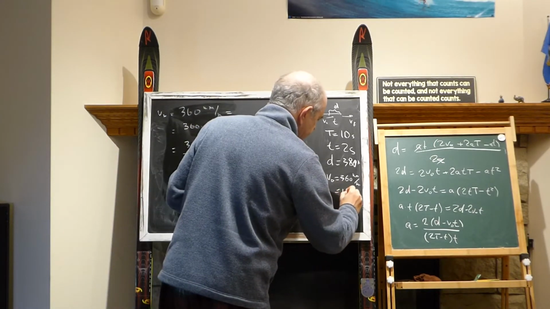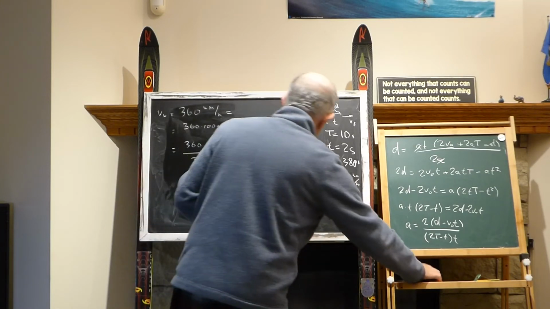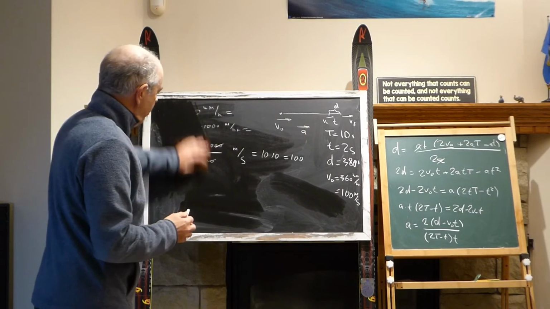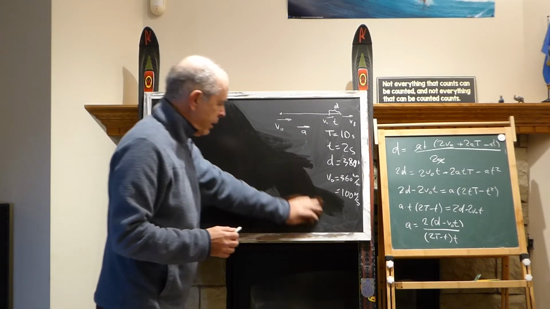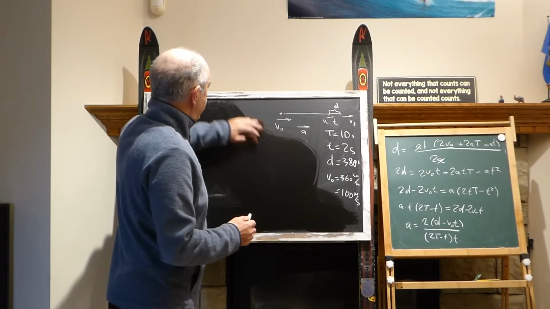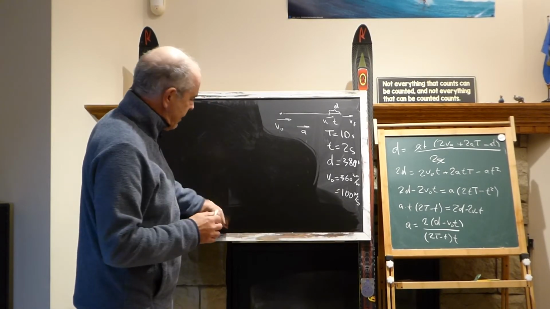So this is 100 meters per second, which is good, which is why they gave us such strange numbers. So everything will be cancelling out in the end, but you can use your calculator if you want. I don't have a calculator, so I use my brain. Sometimes I make mistakes, but that's okay.